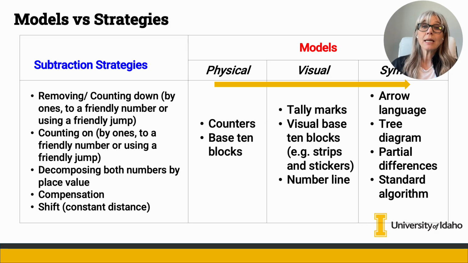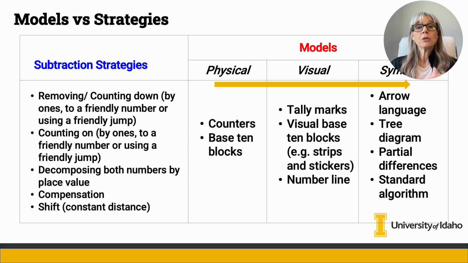In solving both contextual problems, we see how we can use different strategies and models to determine a solution to a subtraction problem. We also see how the context drives the strategies and models we choose to use. Between the two that we used, strategies such as removing, counting on, decomposing both numbers by place value, and compensation.